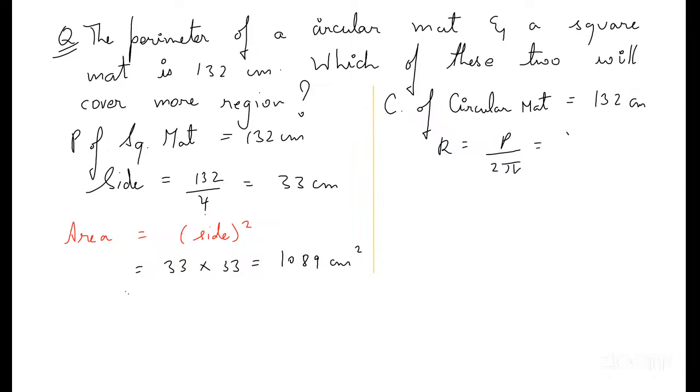Then put the values: 132 upon 2 into, this pi goes there and it's reversed, 7 upon 22. Hope you all know that when we are taking something from the denominator to multiplication, we take the reciprocal of the fraction. Now cancel 132 by 2 into 7 by 22. Cancel this out.